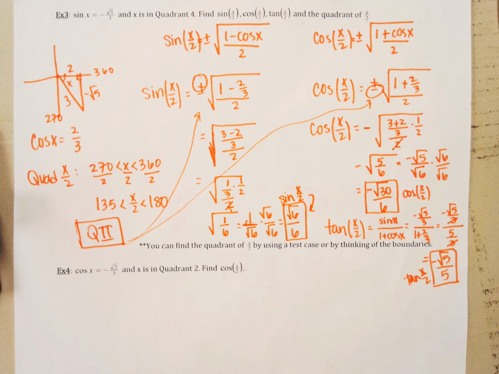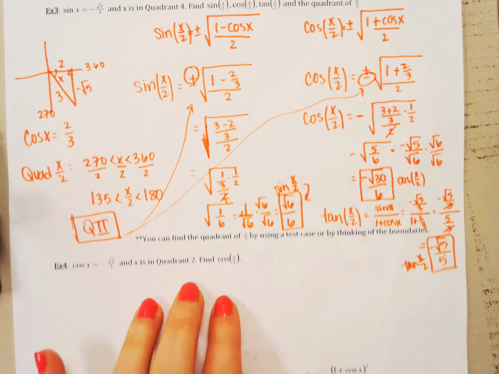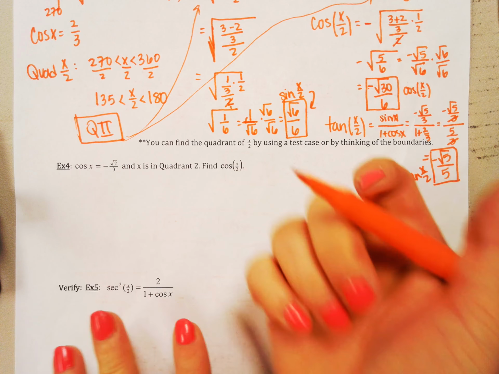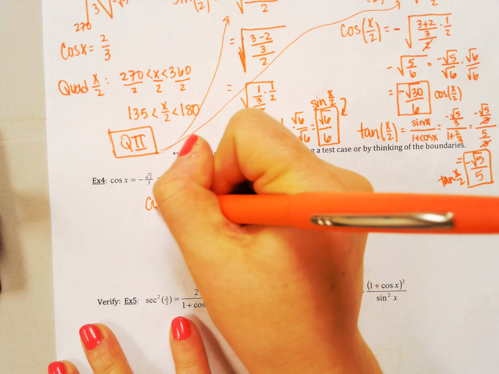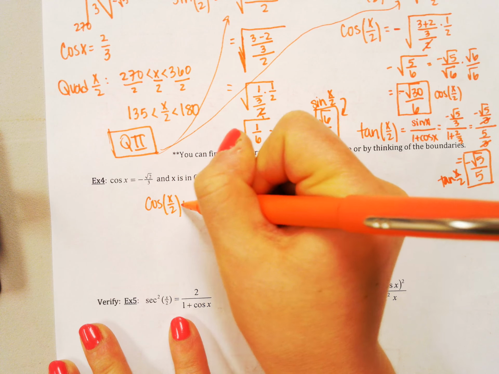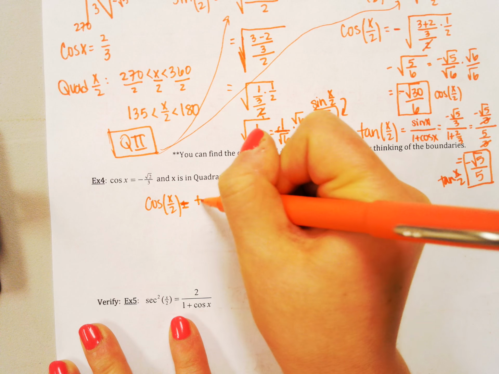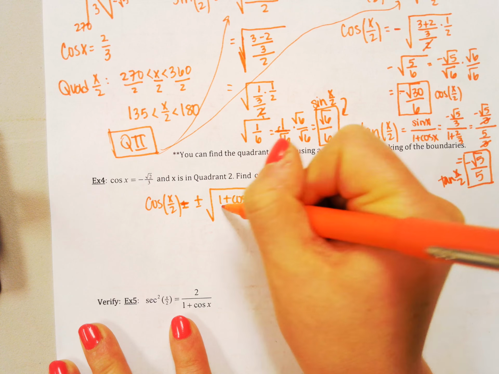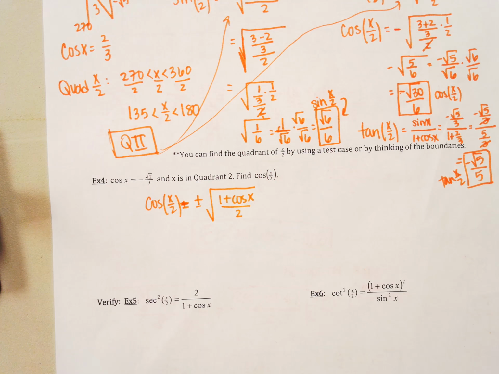Okay, so same idea for this one. We're given a ratio, we have to find the cosine of x over 2. We only have one way to do that. It's the plus or minus square root of 1 plus cosine of x all over 2. That's the only way.